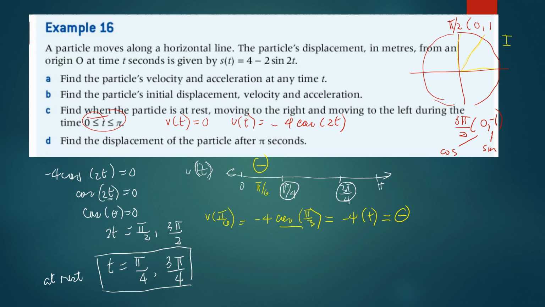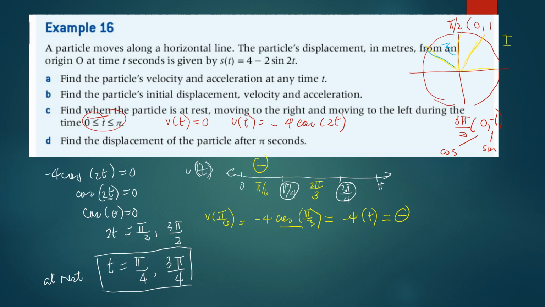Now we choose a test point from pi over 4 to 3 pi over 4. So we must find something which is somewhere here. Okay, so we can use as test point 2 pi over 3. Why are we using these angles? Remember that you had better use special angles like 60 degrees, 30 degrees, 45 degrees, and 90 degrees.